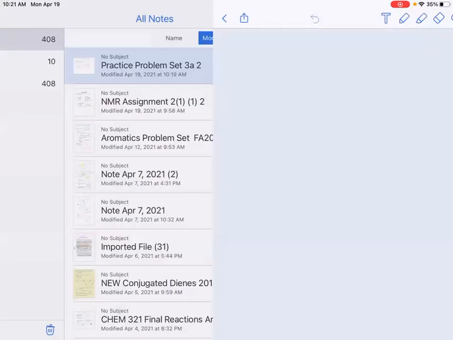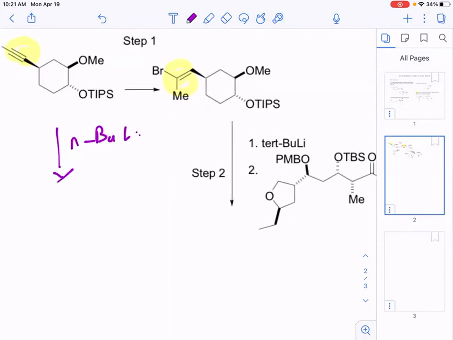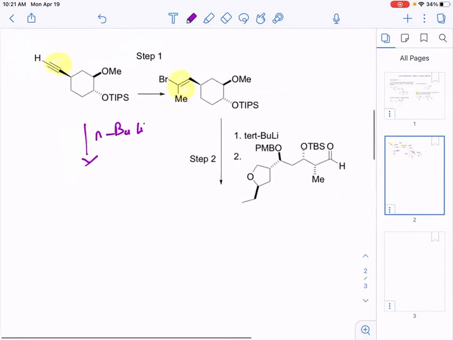All right, so when we think about the alkyne itself, think about the fact that the alkyne proton is base labile. Right, so you can treat that with butyllithium and get the lithiated acetylide anion, so we can get this.